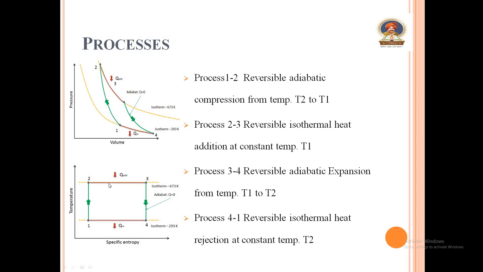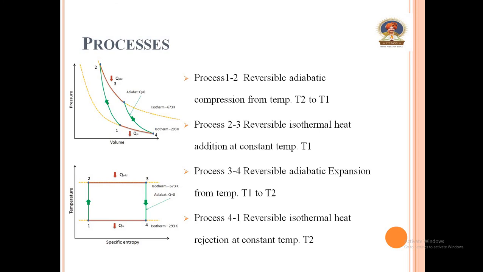The line from 2 to 3 indicates temperature remains constant during this heat addition. So practically, keeping temperature constant while adding heat is impossible. That's why it is an ideal cycle which is practically impossible.